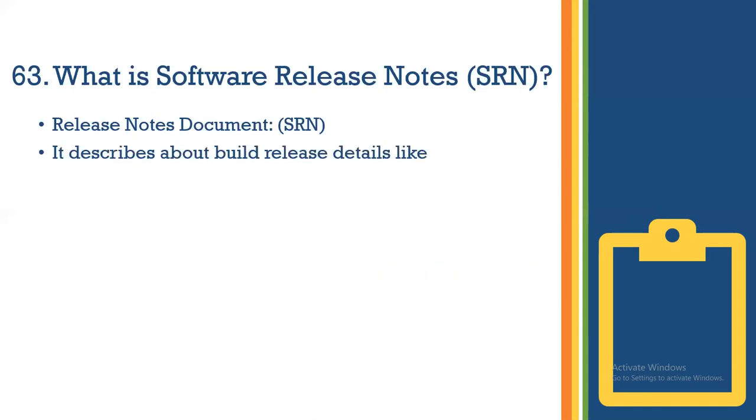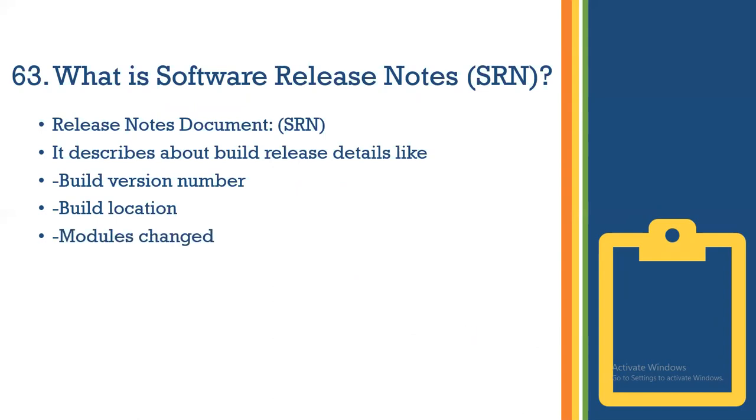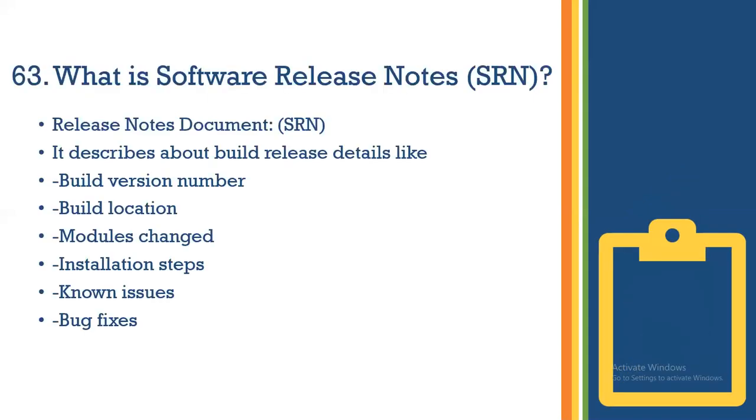What does the SRN describe? It describes build release details such as build version number, build location where it is deployed, modules changed, installation steps, known issues, and bug fixes.